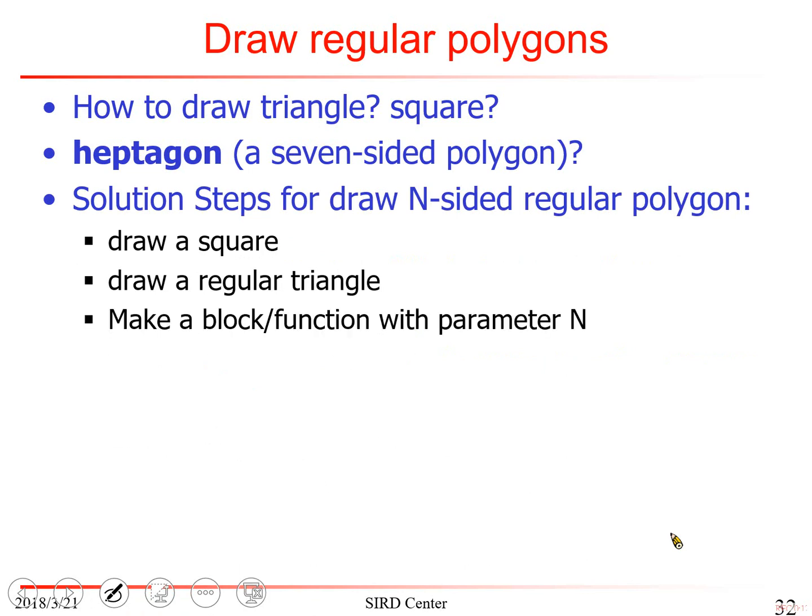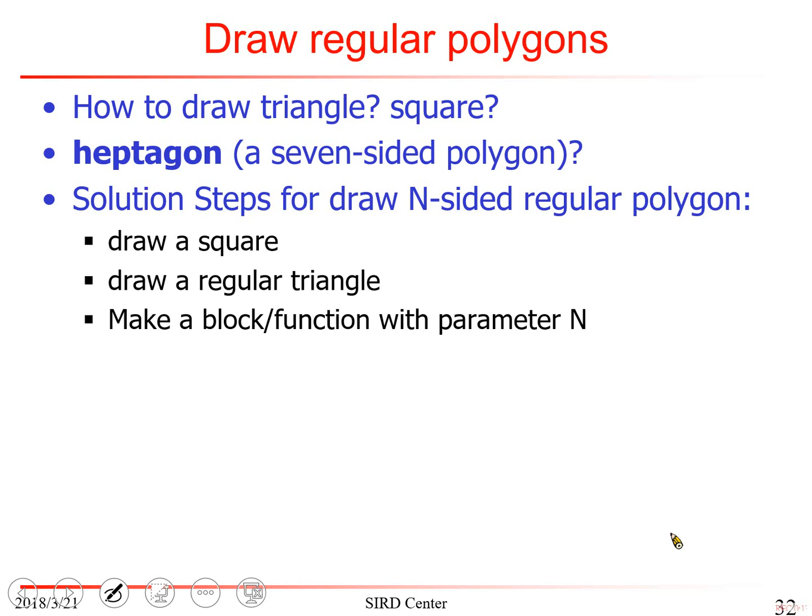So you can say make a new block, with parameter n, which is equal to functions as you learn in your programming language. Here we use blocks to create functions, and in the function you can have parameter n, and n is actually a number, right?